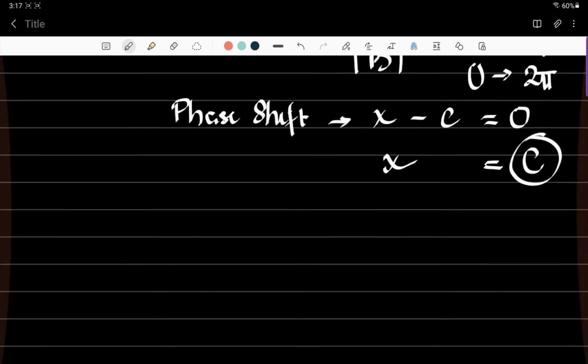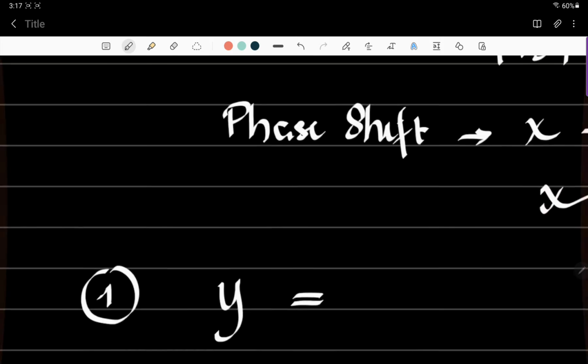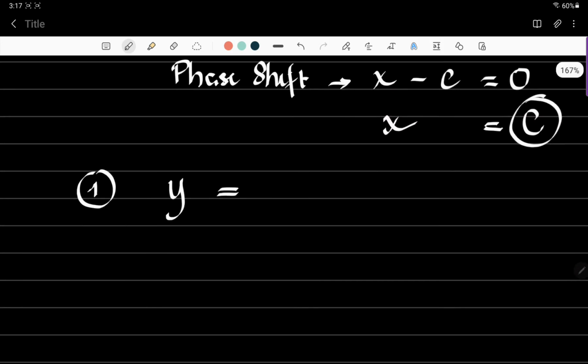All right, so let's do a few examples here. Let's say number 1, we have y equals 2 sine x plus 1.